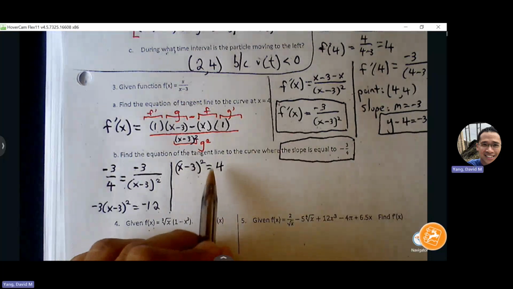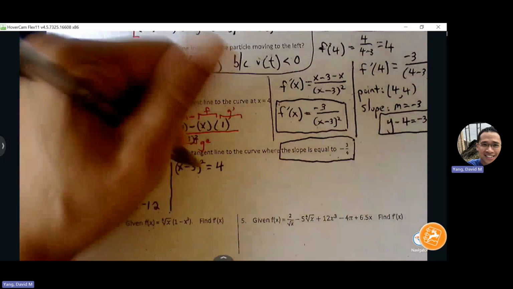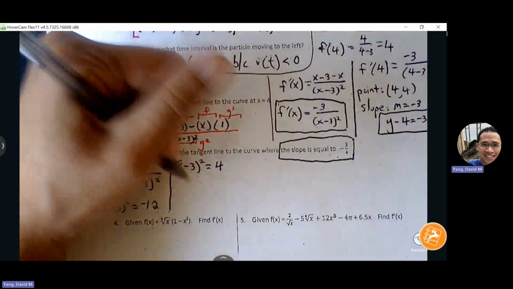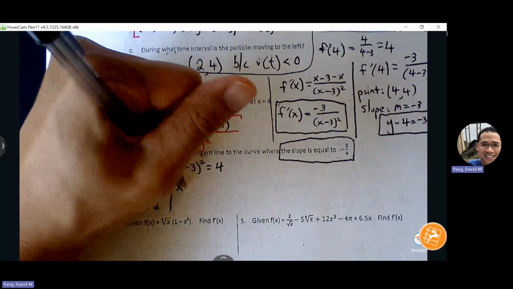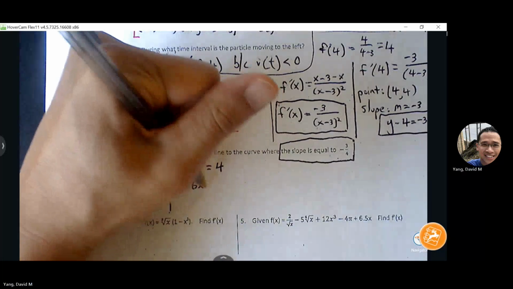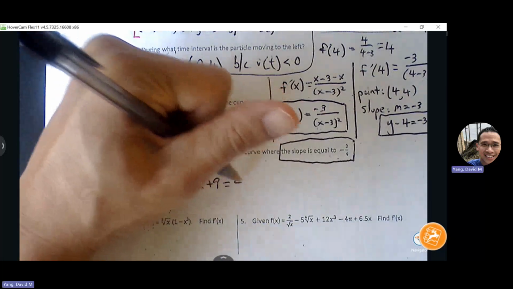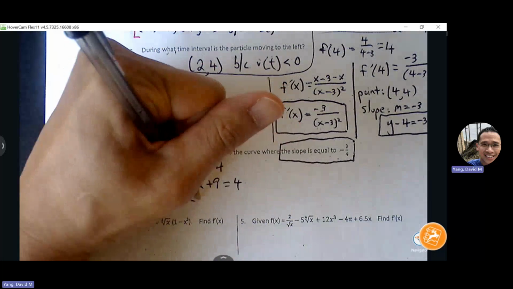Now I could take the square root and involve plus or minus, but I feel like we have to go through a different set of rules there. So I'm going to fold everything out, bring everything over to one side, and just go through factoring.